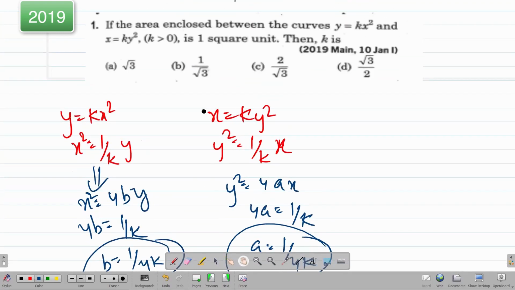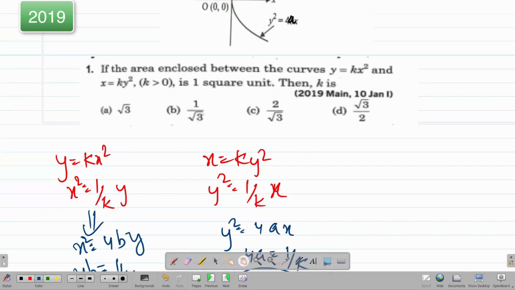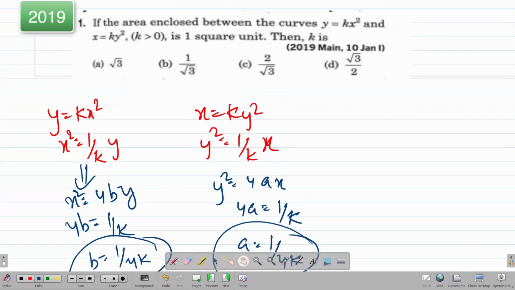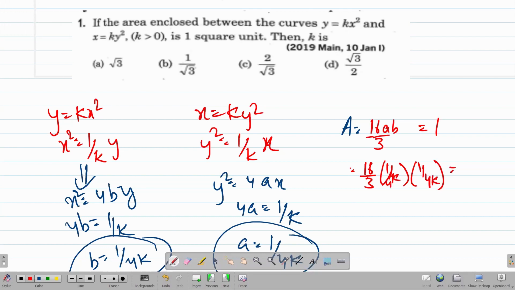And our shortcut is the area enclosed, which is 16ab by 3, given to us as 1 square unit. We just substitute the values of a and b here, which are in terms of k. So 16 by 3, a is 1 by 4k and b is also 1 by 4k.